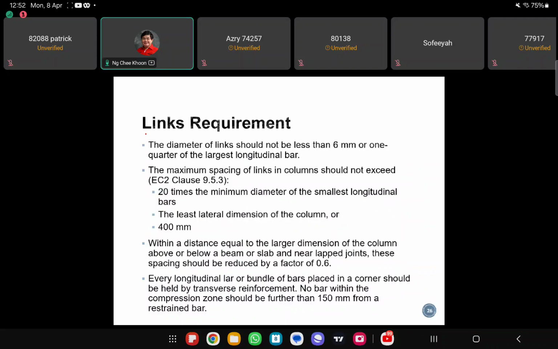And then the next thing is the diameter of link should not be less than 6 mm or 1/4 of the largest longitudinal bar. We mention the largest longitudinal bar because sometimes we use mixed bar sizes.